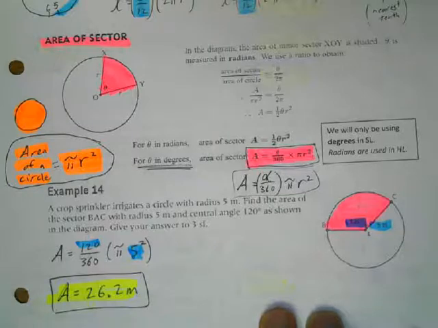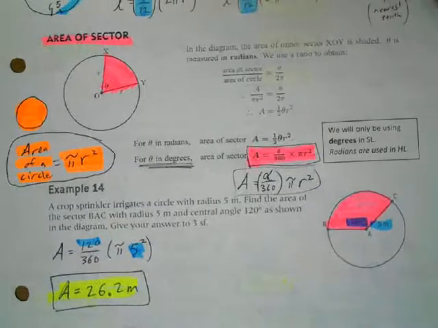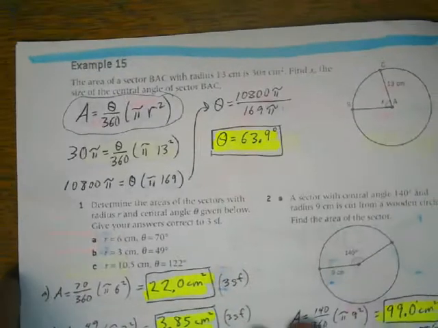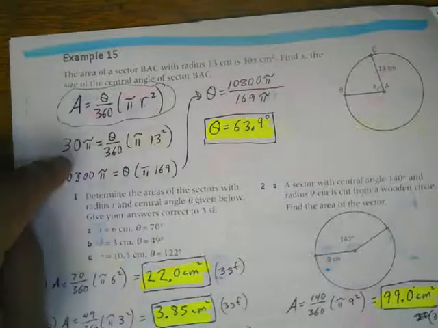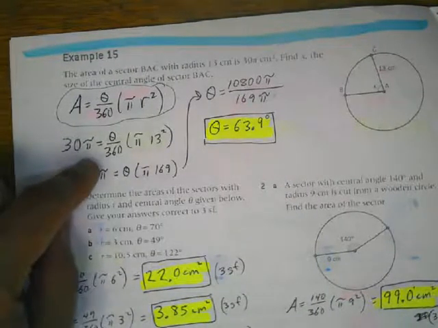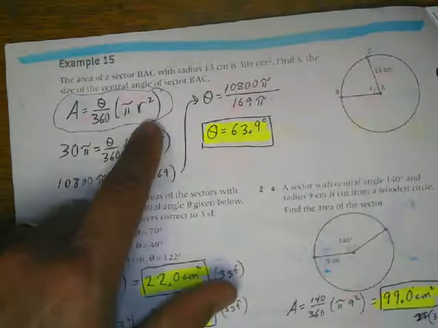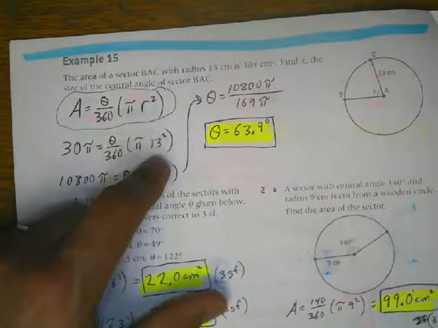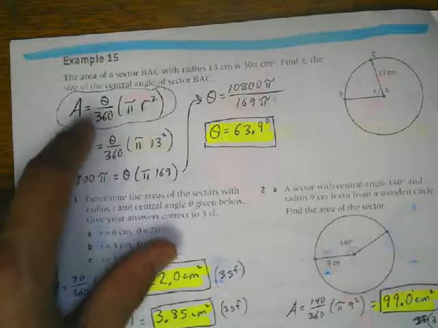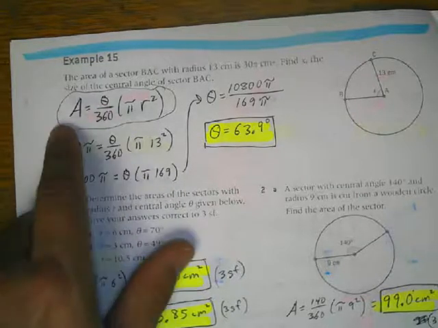You may want to hit pause to check your work. Okay, next page. This is slightly different. They've given you the area is 30 pi, and they've told you the radius is 13. So in order to figure out the angle, we have to multiply both sides by 360.